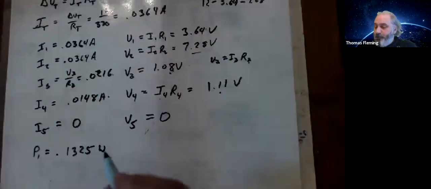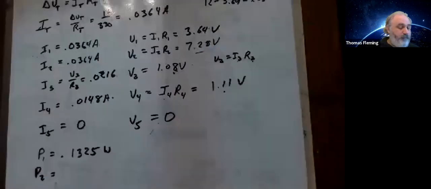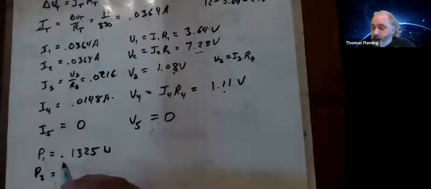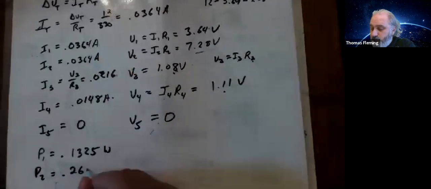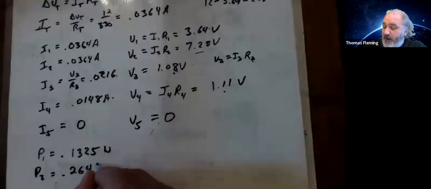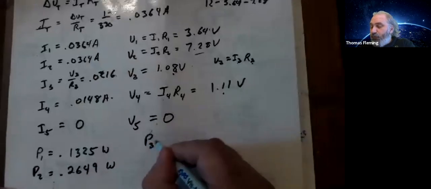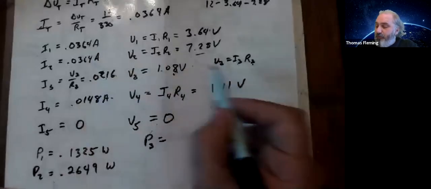I just took this times this. The power for 2 would be this times this, which is 0.2649 watts. The power through 3 would be this times this.